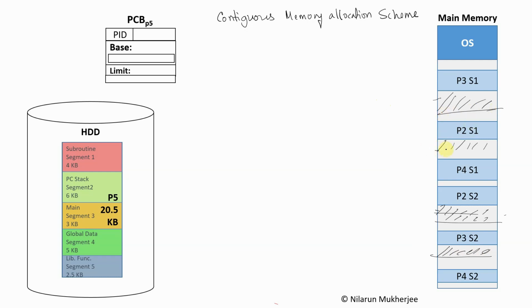So suppose this is the start, and we know that this is 0, and it will be 4096, and this is 6144, this is 3072, this is 5120, and this will be 2560, everything minus 1, that is the last one.